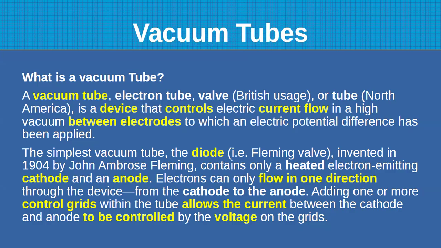Although here we decided to rename the anode to the plate. So the control grid, similar to the gate or the base, controls the current flow between the anode and the cathode, or the plate and the cathode. And it's done by applying a voltage to the control grid.